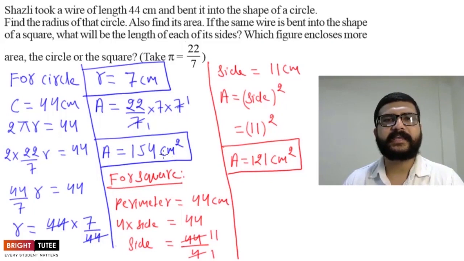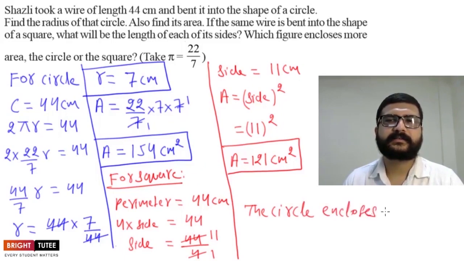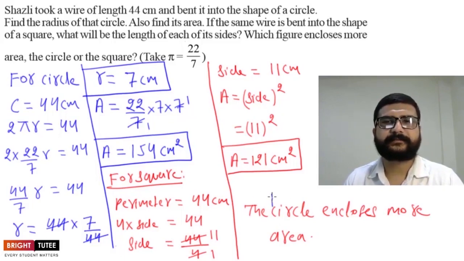So it means area of circle is greater than area of square, or we can say the circle encloses more area, or we can say the answer for the last part of the question is circle.